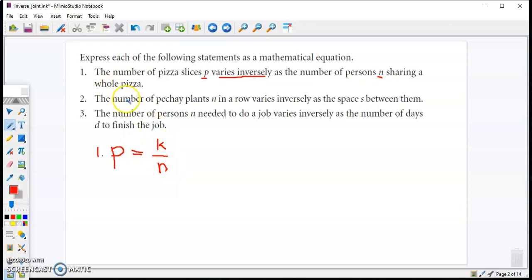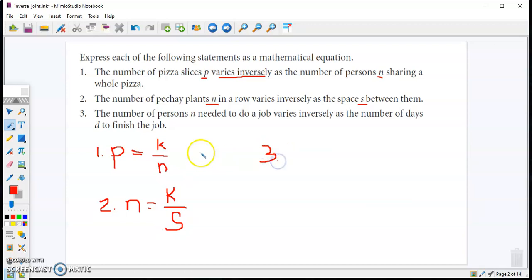How about number 2? The number of petchay plants N in a row varies inversely as the space S between them. So we write the equation as N varies inversely. So do not forget to write your K over the space S. So that is number 2. How about number 3?